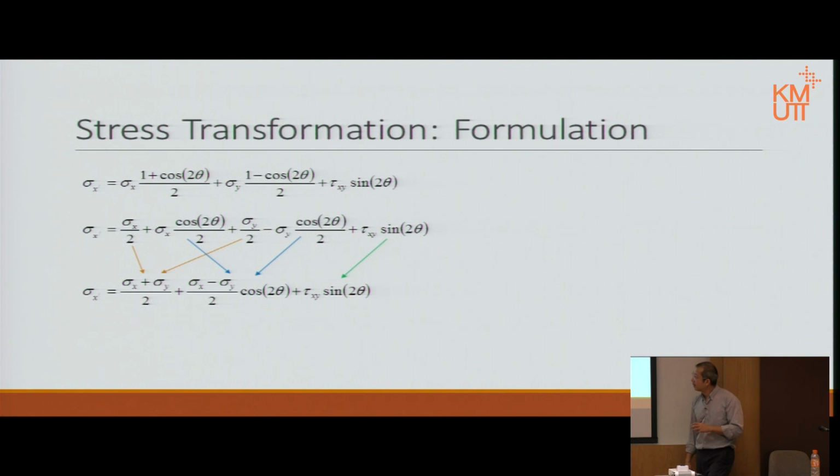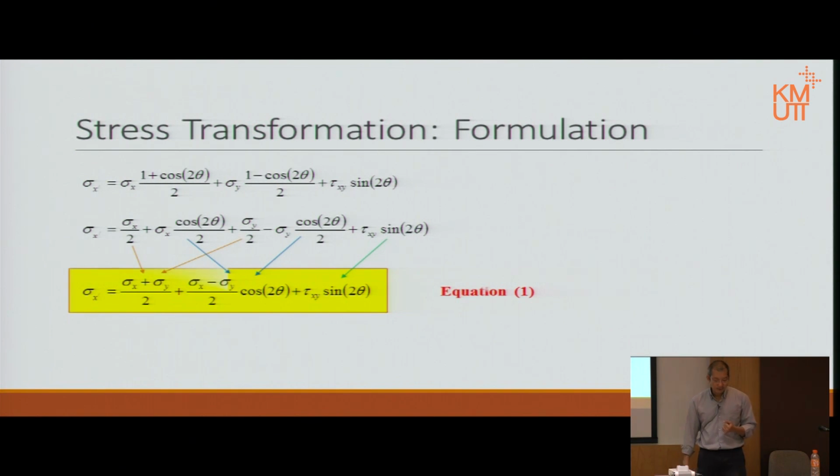So basically this equation tells us that if we know, which we should be able to calculate from the force system, sigma x, sigma y, and tau xy, and we want to turn the element, change our perception, we can calculate sigma x prime using the equation. We shall mark that as equation 1 for now.